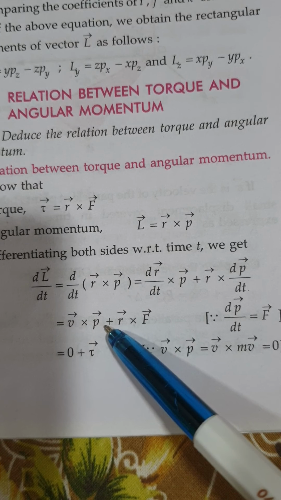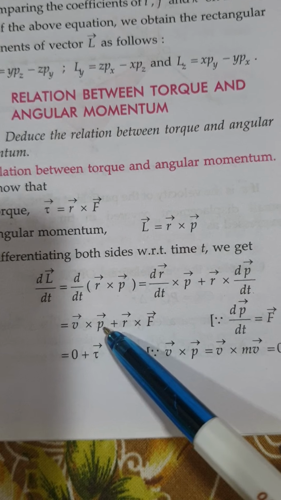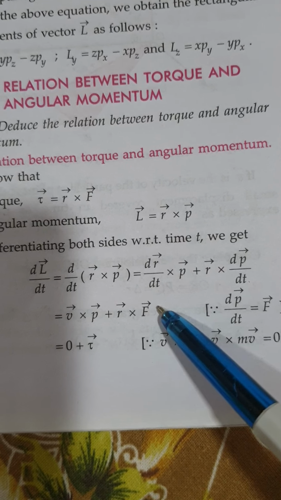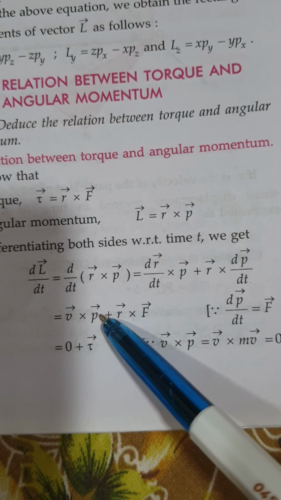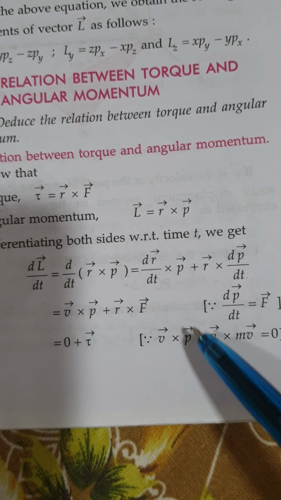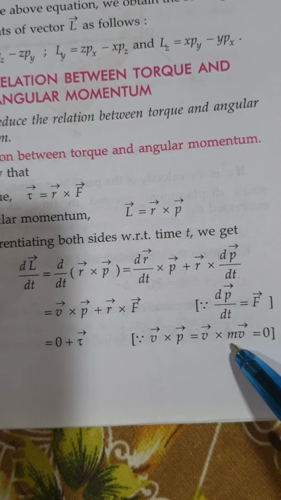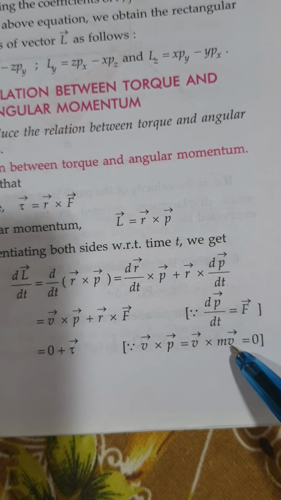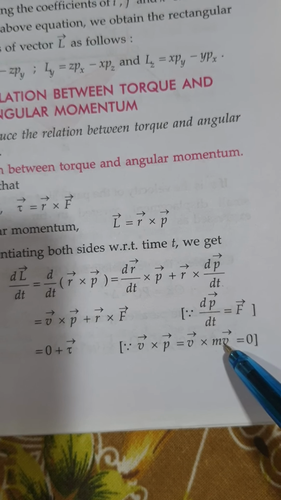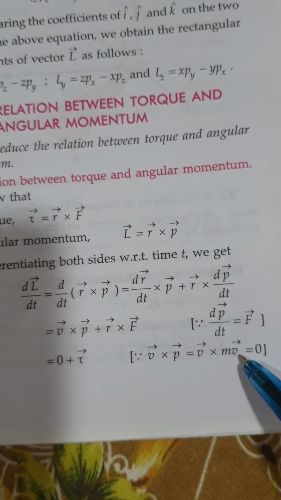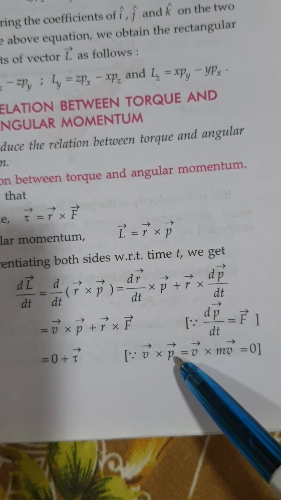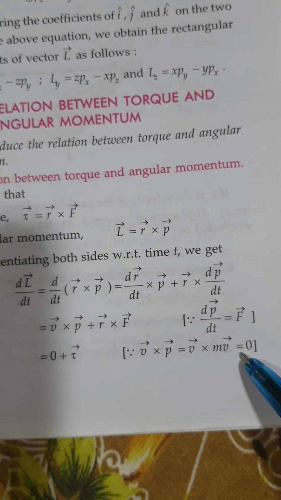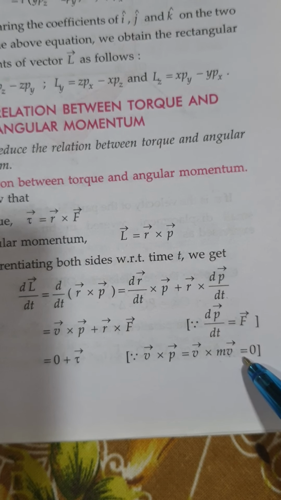Now this is very important. In this, see, all these are vectors. So linear momentum p is equal to mass into velocity. Now m is scalar, but v and v both are vectors. They are the same vector. You know a cross a is 0, v cross v is 0, because a cross b is ab sin theta.